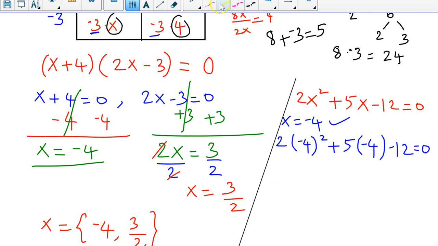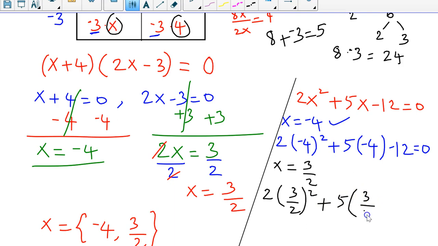Now substitute x is equal to 3 over 2. Let us verify that also. Substitute in this: 2 times 3 over 2 square plus 5 times 3 over 2 minus 12, and the result must be equal to 0. Then only this will be your solution.